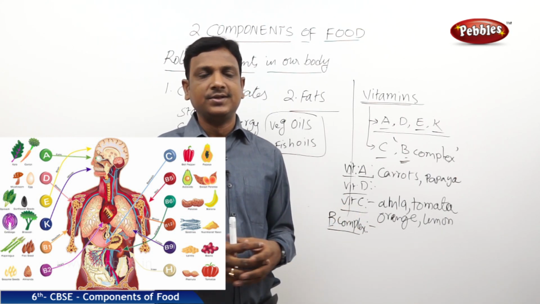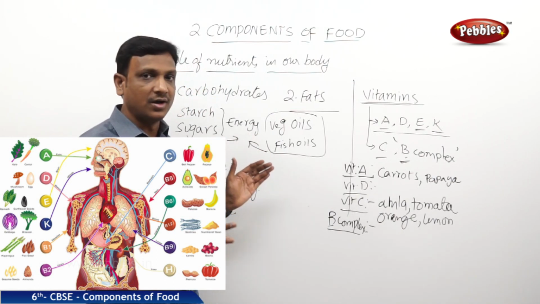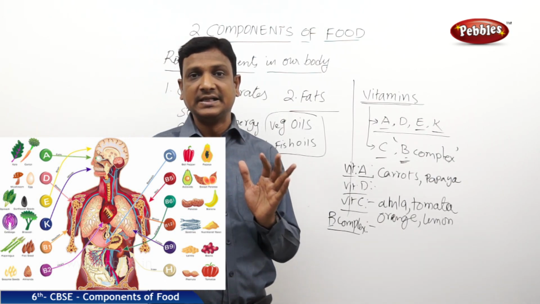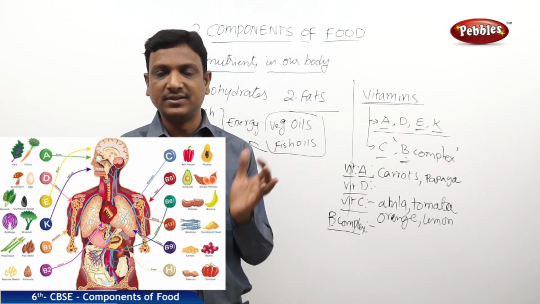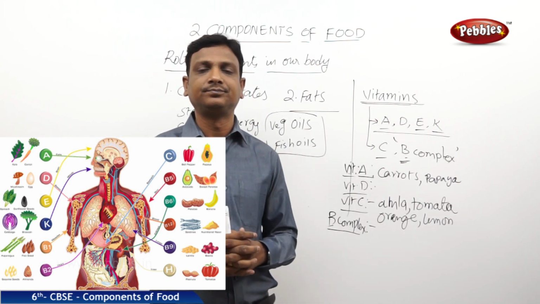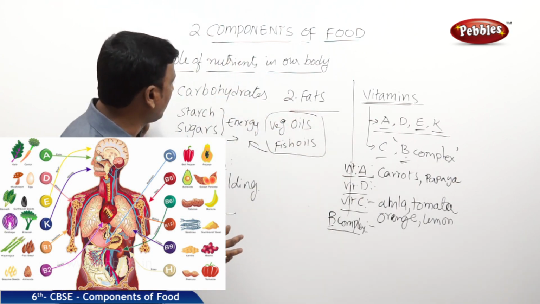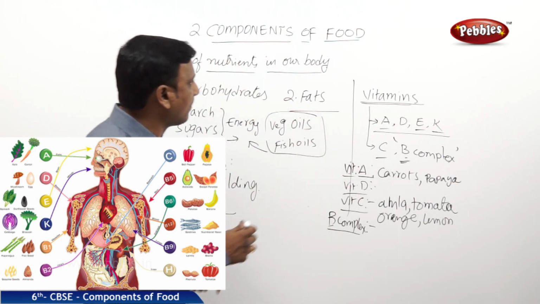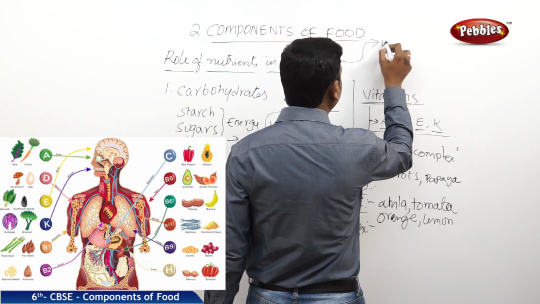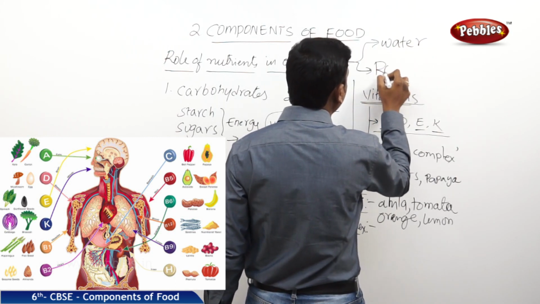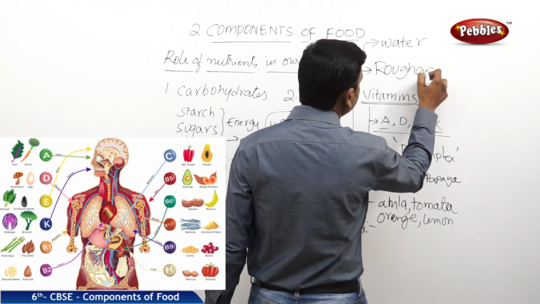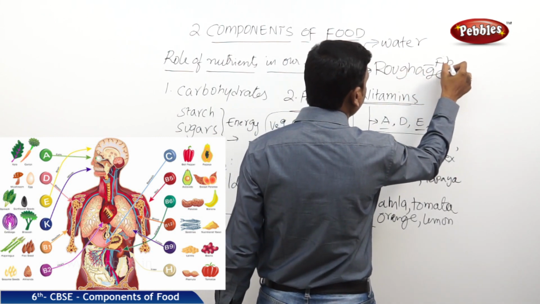Right. So all these nutrients are to be taken in a proper ratio, in a proper quantity. It should be balanced. Then you call it a balanced diet. But are only these things required for our body or anything else? We need two more important things for our body, that is water, which is not under the food items, and roughage. So what is this roughage? It is nothing but the fibers.